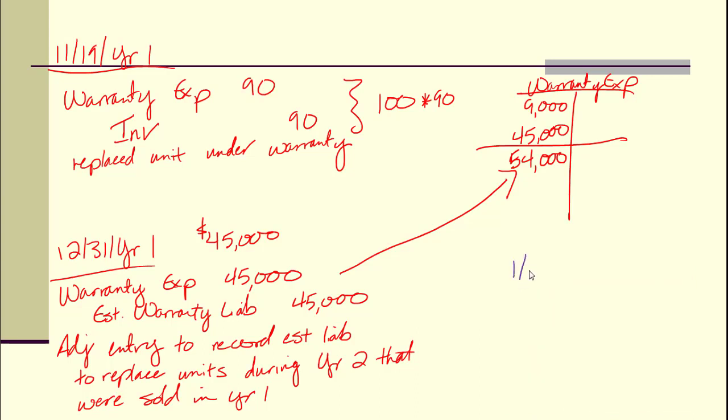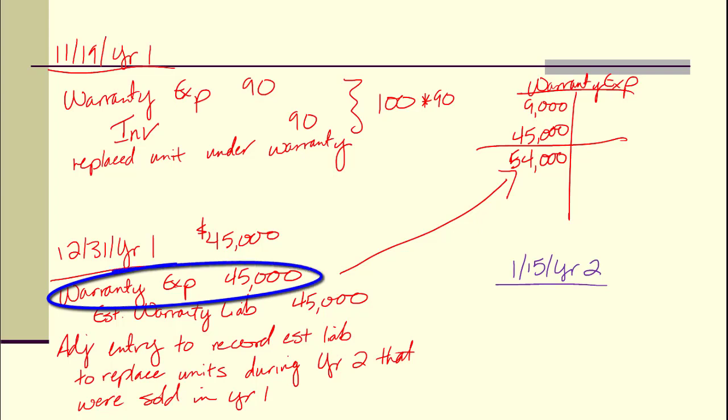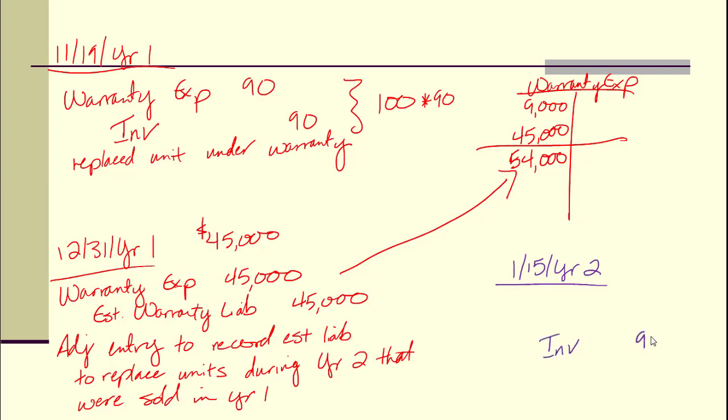Let's say that somebody comes in on January 15th of year two and they have a broken unit that they bought in September of year one. And we look at the paperwork, and sure enough, it's part of this warranty expense. So what would our journal entry look like? Well, we know we're going to give them a new unit, so we'll credit inventory. But this time we're not going to credit warranty expense because I've already recognized the expense. I recognize the expense over here.